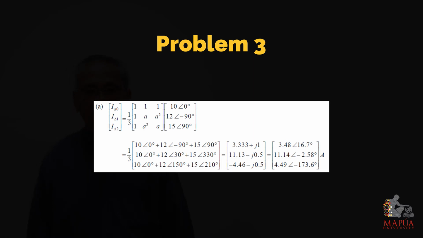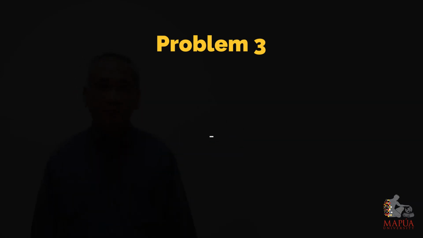And this will give us, for I delta 0, a magnitude of 3.48 angle of 16.7 degrees amperes. I delta 1 will give us 11.14 angle of negative 2.58 degrees amperes, and I delta 2 equal to 4.49 angle of negative 173.6 degrees amperes.